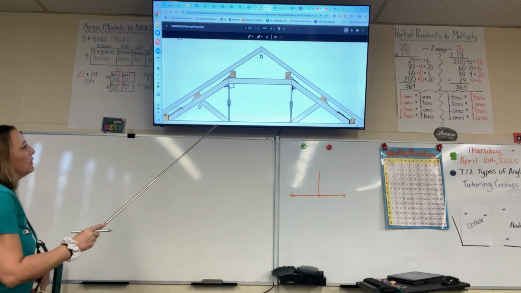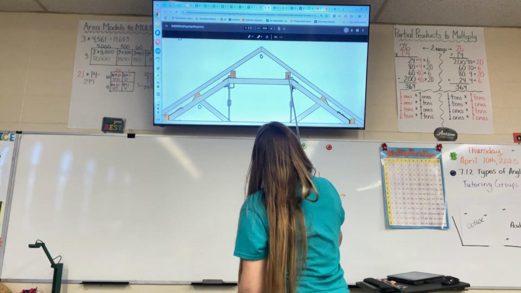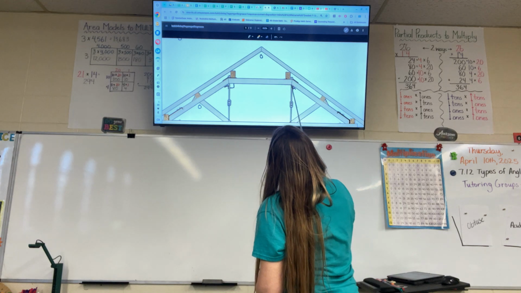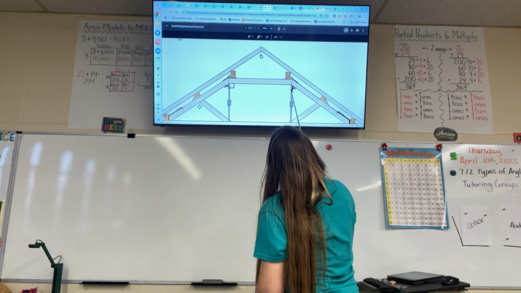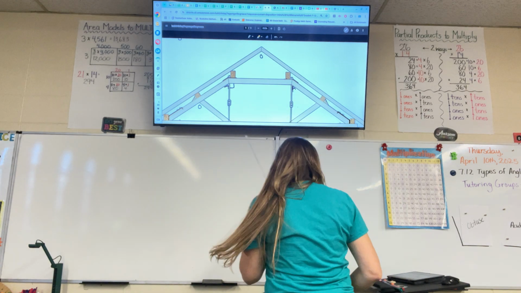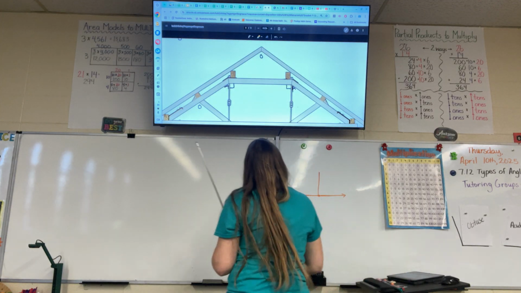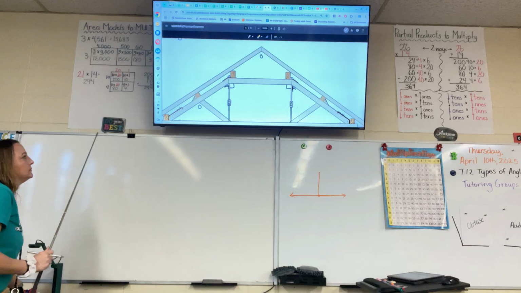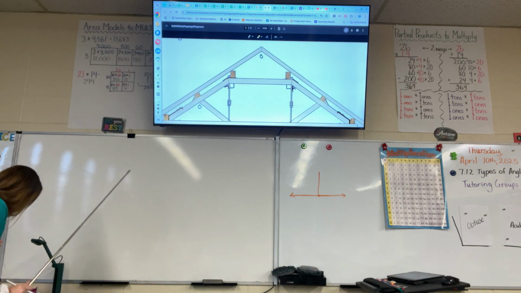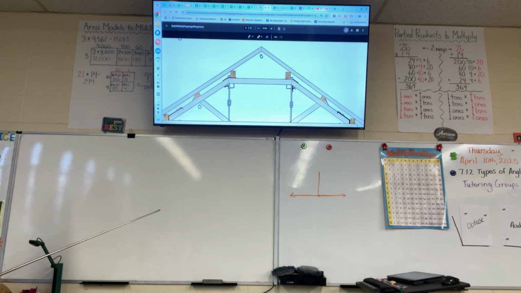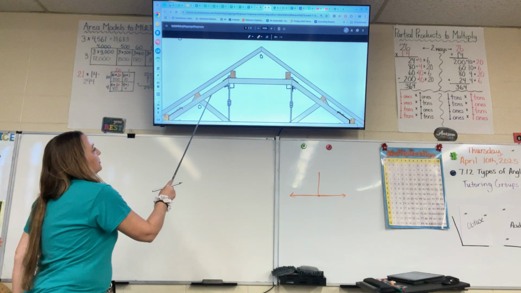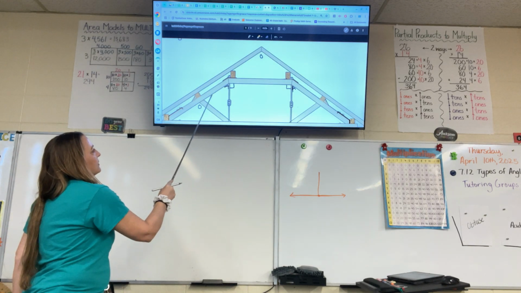Cameron, what kind of angle is this right here? A right angle. Very good, it is. Okay. Haziel, what kind of angle is this right here?